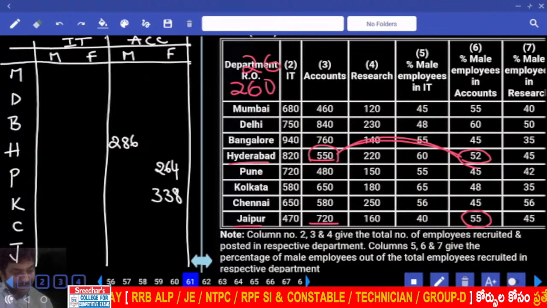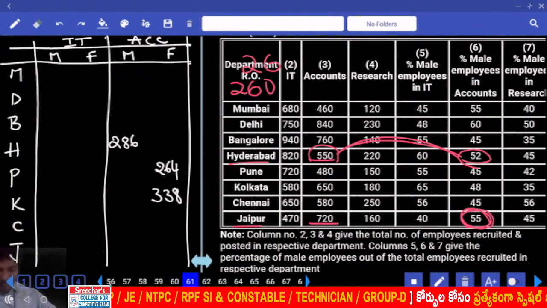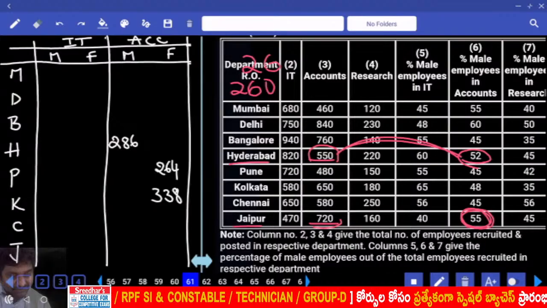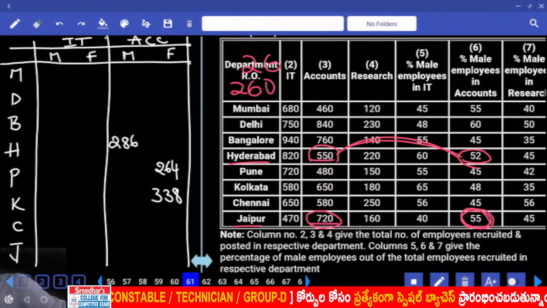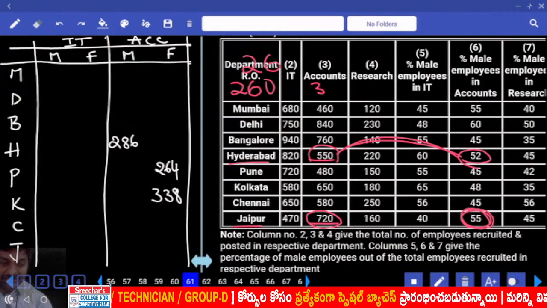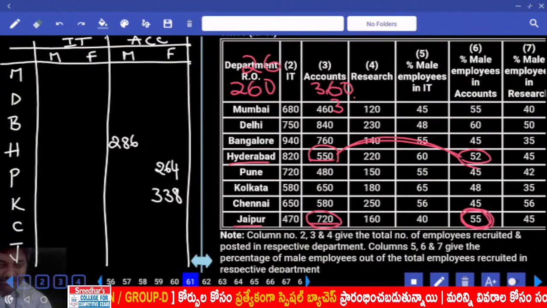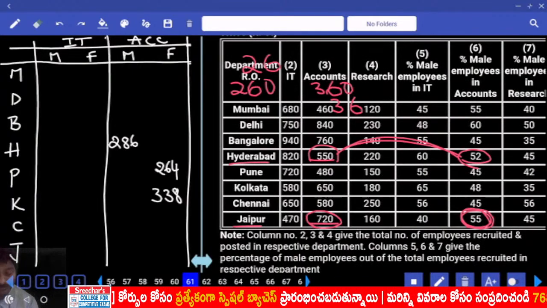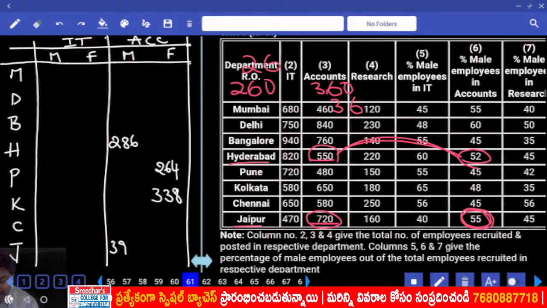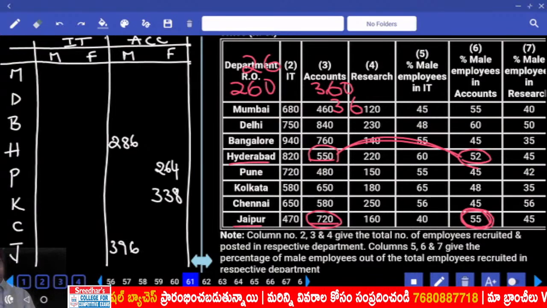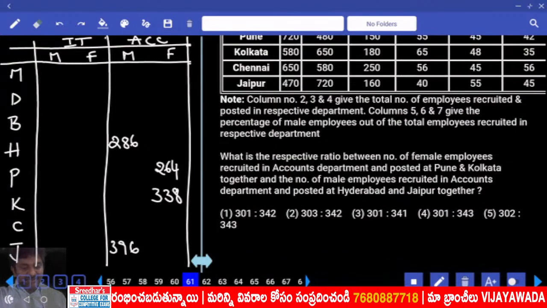Jaipur, 55% are male. 55% of 720. 50% is 360. 5% is 36. Both together 396. Now the question is about ratio, right?